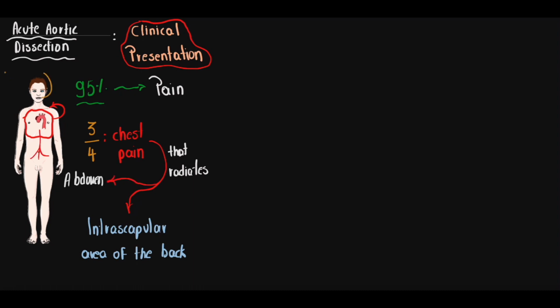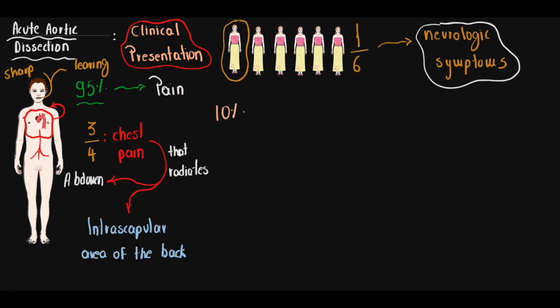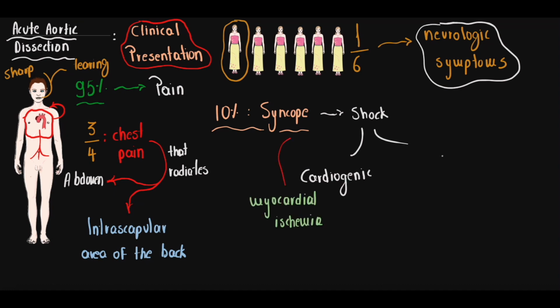Patients describe this pain as sharp and tearing. This is exactly what happens because the aorta is being torn apart. In addition to that, 1 out of 6 people have neurologic symptoms, and 10% will experience syncope, which means that they faint. Syncope is usually due to shock. Shock, as we know, may be cardiogenic.